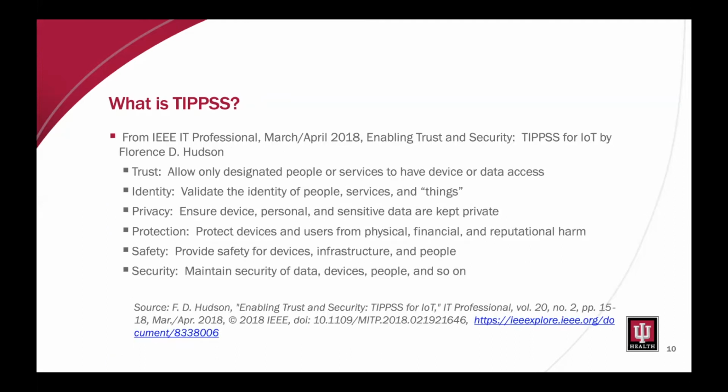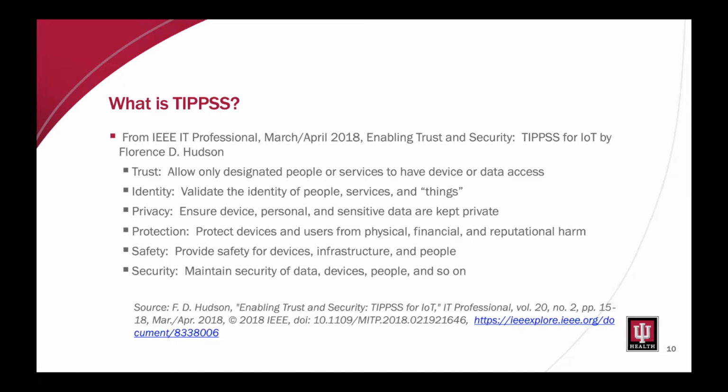So what is TIPS? What's this algorithm I keep telling you about that I haven't explained to you yet? From the IEEE IT Professional, March-April 2018 issue, it stands for 6 different things. Trust: allow only designated people or services to have device or data access. Identity: validate the identity of people, services, and things.